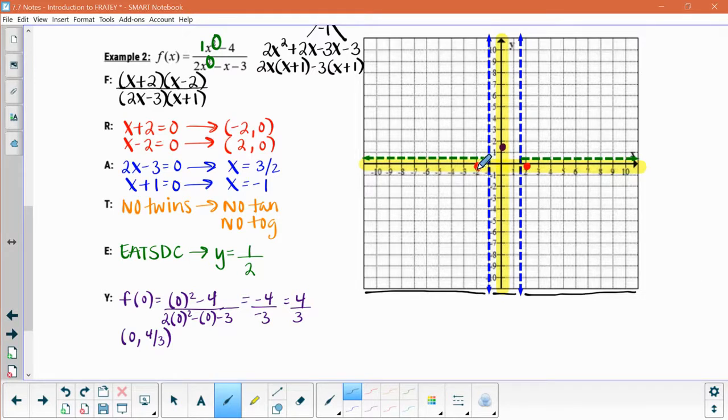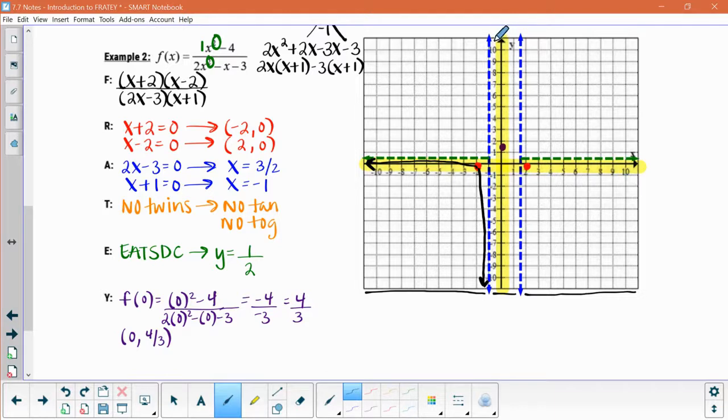Since there is an intercept here in this lower section, I'm going to draw my curve so that it goes through that intercept, comes down to my vertical asymptote, and still is going out to my end behavior.